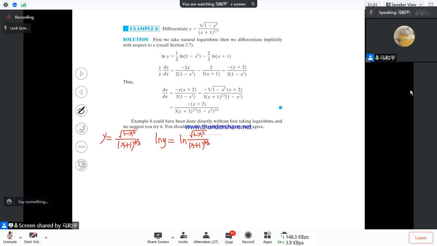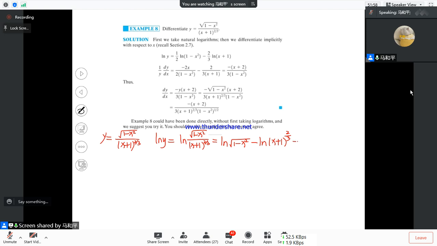Then we apply the properties of the natural logarithm. ln of a over b is equal to ln a minus ln b. Right? ln a minus ln b.